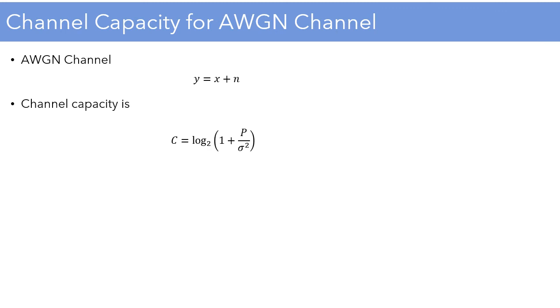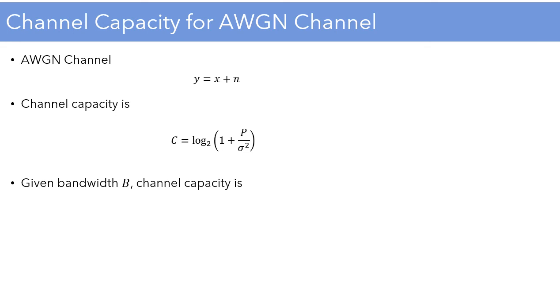So P is the power of X, and σ² is the variance of the noise. This is when you do not have a constraint, but if you have some fixed bandwidth, then that basically limits how fast you can send symbols.